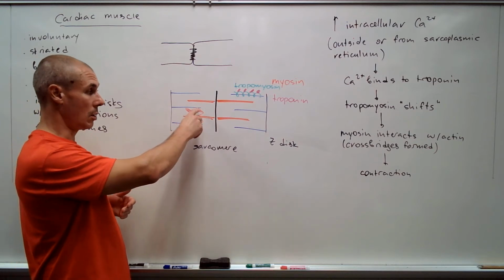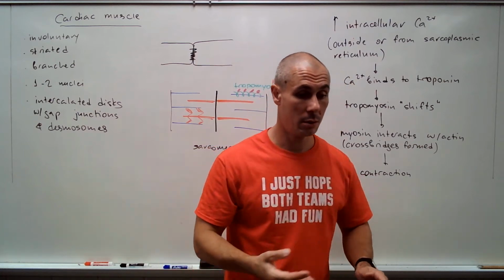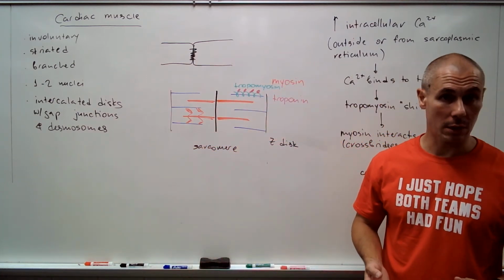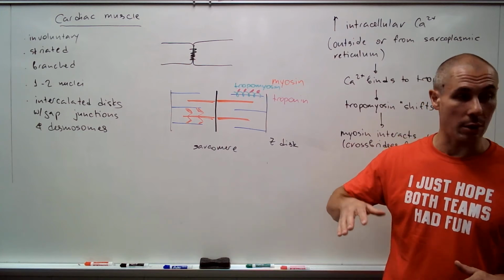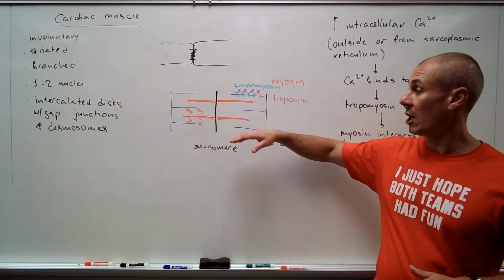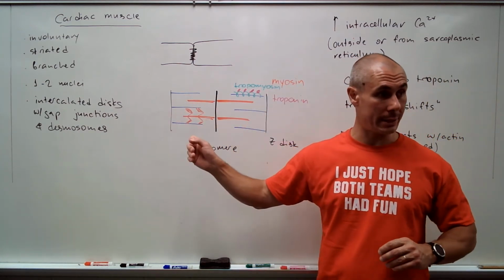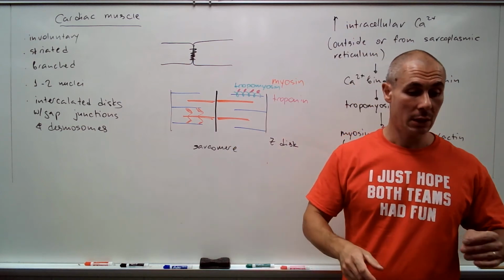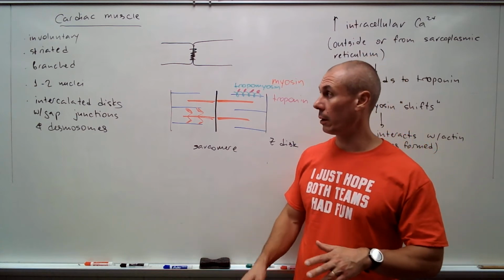Okay, so myosin heads form cross bridges with actin. Contraction is being initiated. I always kind of mix up wording, so I should say that when tropomyosin changes the conformation, cross bridges are formed between myosin and actin. That's that. Does that make sense? So that's the contraction part.